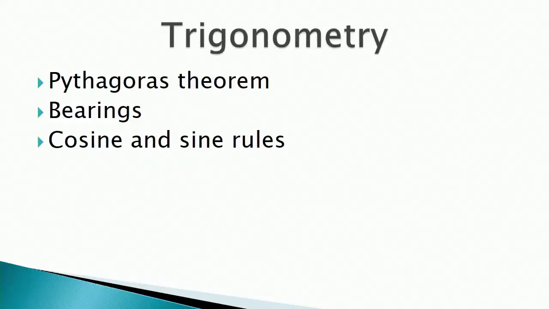The other topic is trigonometry. We have Pythagoras theorem. You should know how to use the Pythagoras theorem. Bearings, cosine and sine rules should get your attention. Also, when it comes to the sine rule, know the sine rule for calculating the area of non-90-degree triangles.